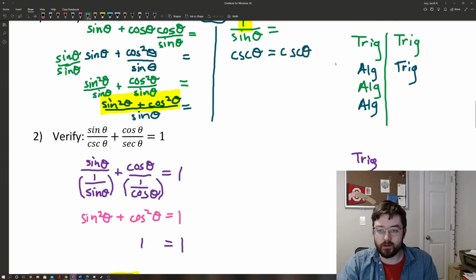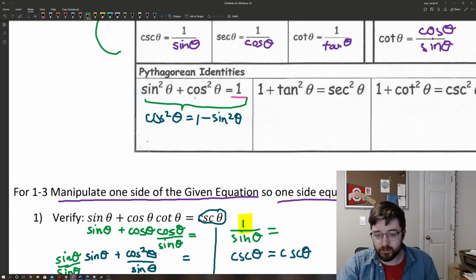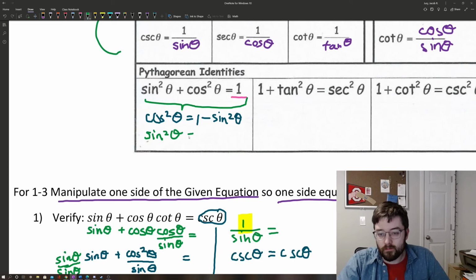And remember, if we go up and look at this little manipulation that I did before, I can just subtract sine over to the side of the equation with 1 on it, and now I have a substitution. Or I could say sine squared theta equals 1 minus cosine squared theta.